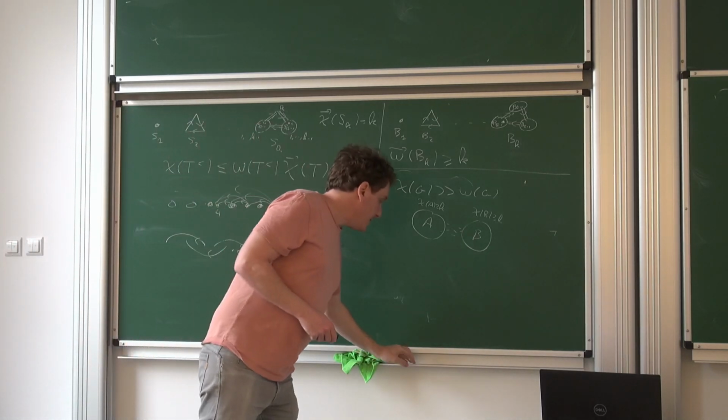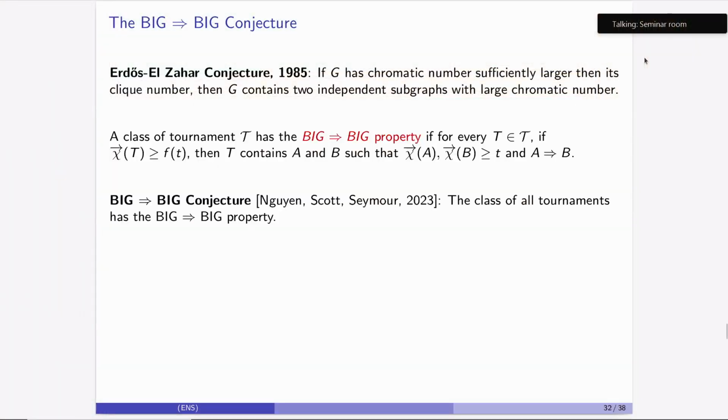Okay. And still Scott, Seymour, and Nguyen, they proposed a seemingly unrelated conjecture on tournaments. It says that if a tournament has very, very large dichromatic number, then you can find two subtournaments in it, T1 and T2, such that the dichromatic number of T1 is large, of T2 is large too, and all arcs go in the same direction between those two.